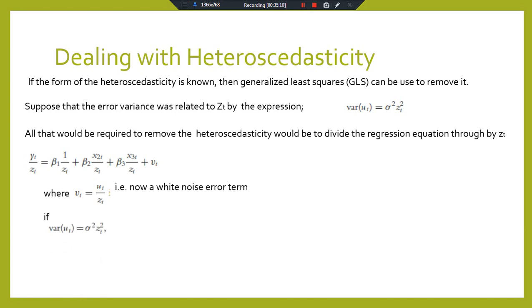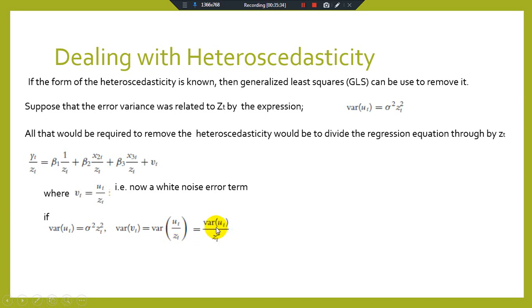Okay, if we have a variance like this, then after dividing, see it carefully, that variance is equal to variance of Ut divided by Z, and when you multiply by this variance, this is called the u square, and when you multiply by this, this is called the z square.